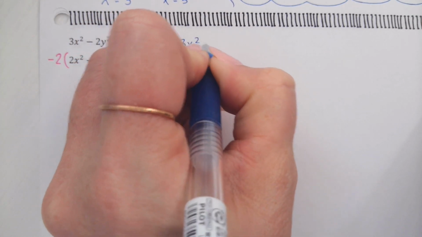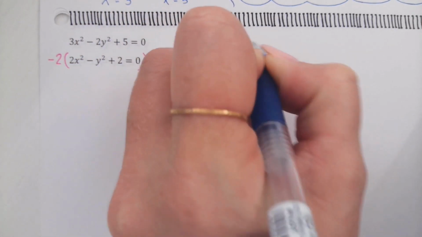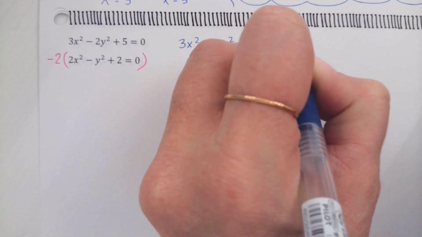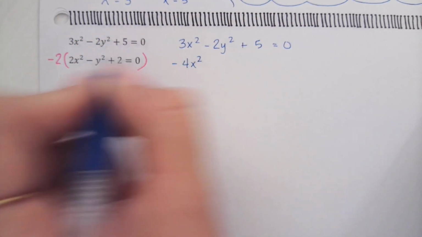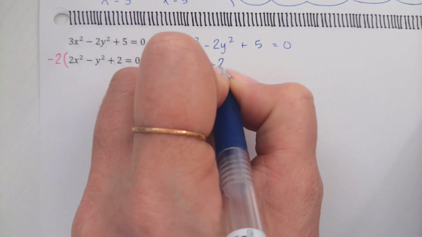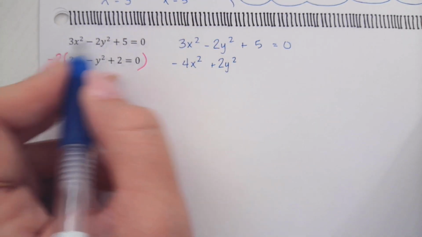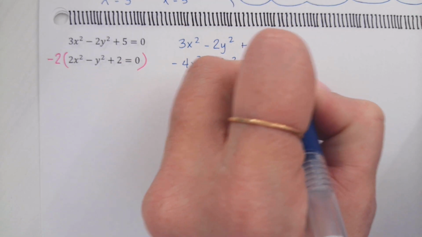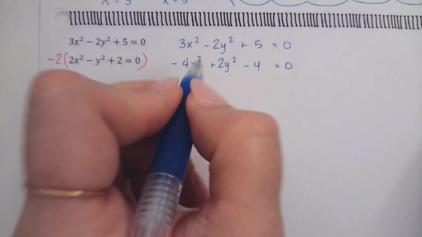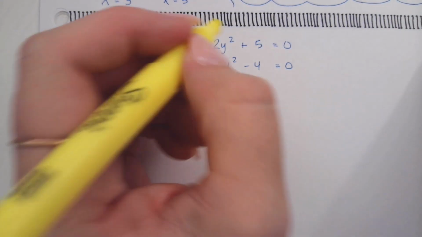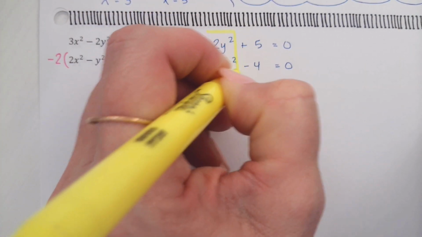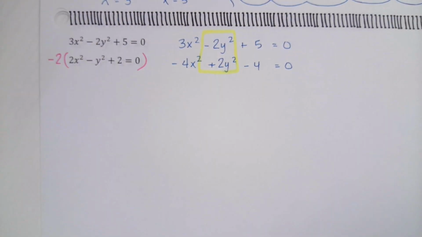So the top one's going to stay the same: 3x squared minus 2y squared plus 5 equals 0. The bottom one, I'll have negative 4x squared, positive 2y squared, and then minus 4 equals 0. Now I can see I have those y squareds with opposite coefficients. Those are the ones that cancel if I add these together.